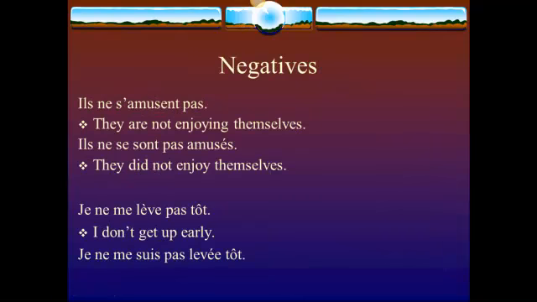If I want to write any of these sentences in the negative form, there's one easy thing to remember. The reflexive pronoun and the conjugated verb are never separated. We know that ne precedes a verb, pas comes after the verb. In the case of a reflexive verb, because the reflexive pronoun and the verb cannot be separated, I just push the ne over here, and again the pas is going to come after the verb. So, ils ne s'amusent pas, ils ne se sont pas amusés.